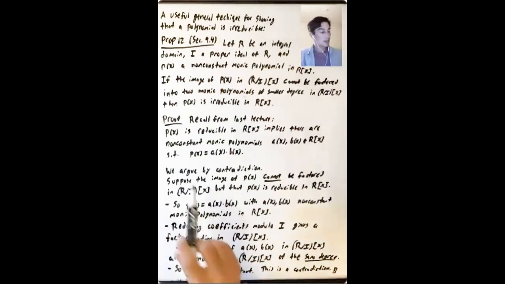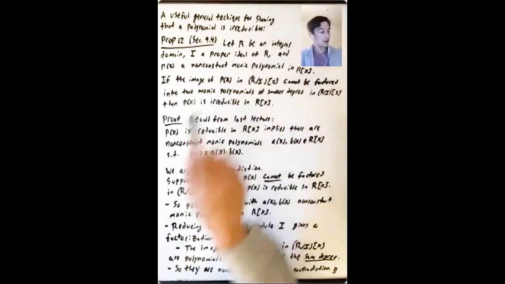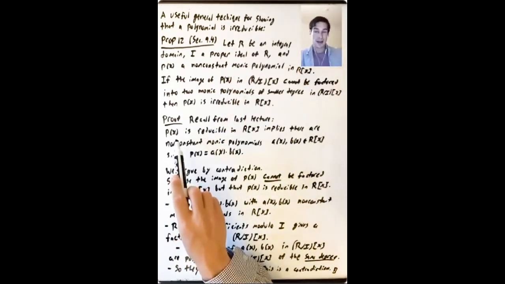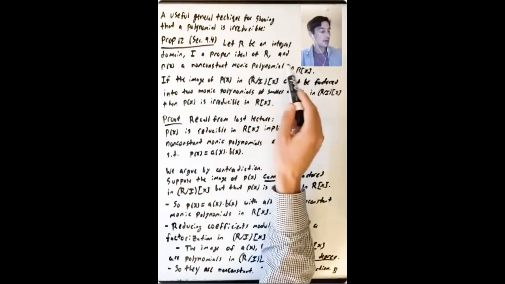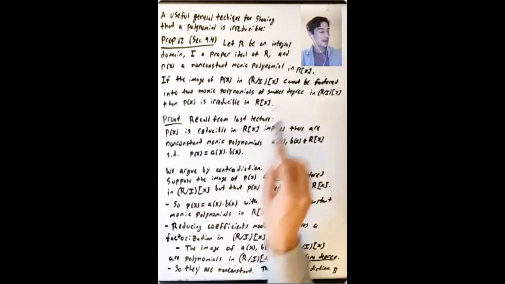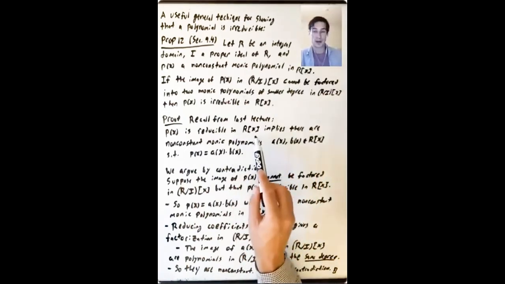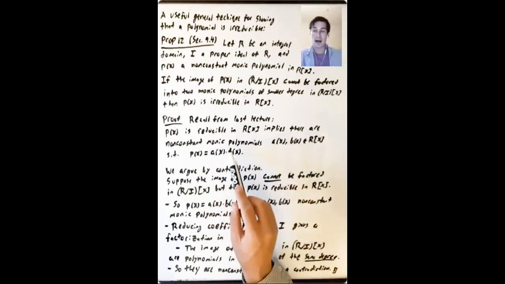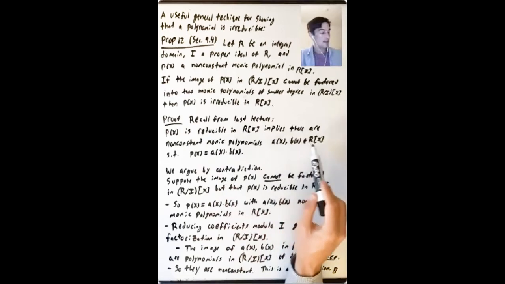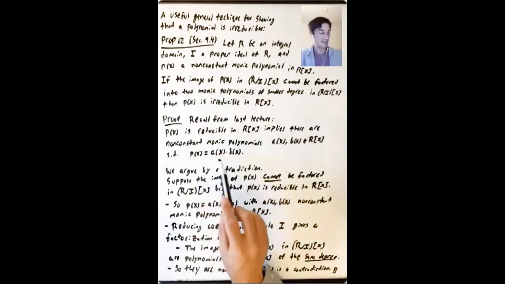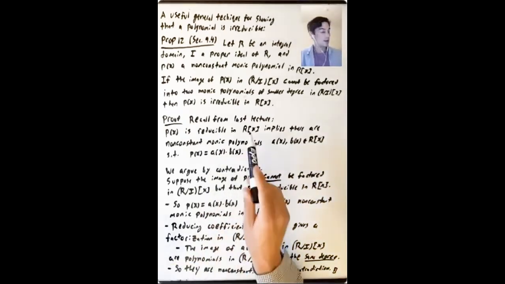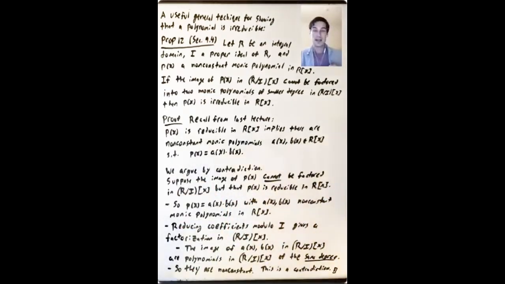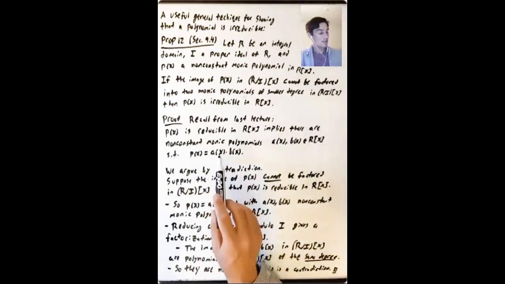But at the end, we said that when R is an integral domain, a non-constant monic polynomial P of x in R[x] that is reducible implies that there are two non-constant monic polynomials, A of x and B of x in R[x], such that P of x is equal to the product of A of x times B of x. So if your monic polynomial in R[x] is reducible, then it is the product of two non-constant monic polynomials.